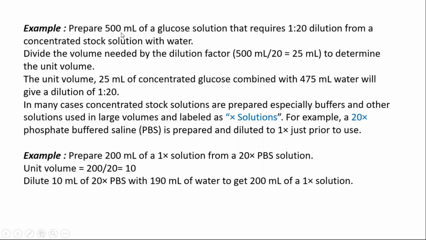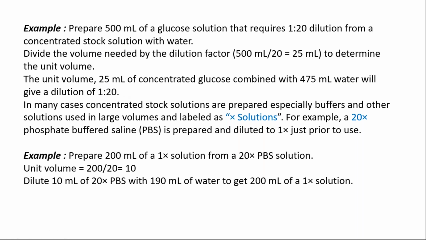So you have 500 ml, and you divide by the dilution factor, so divide by 20, you get 25. So this is the unit volume. So now what you do is you take 25 milliliters of glucose, add 475 milliliters of water, and what you get is a 1:20 dilution.